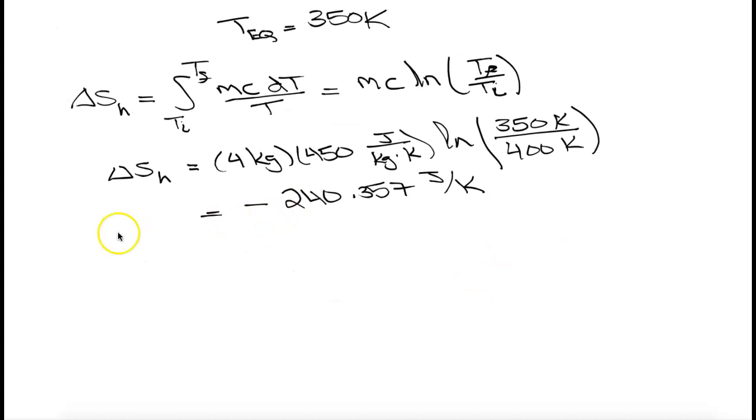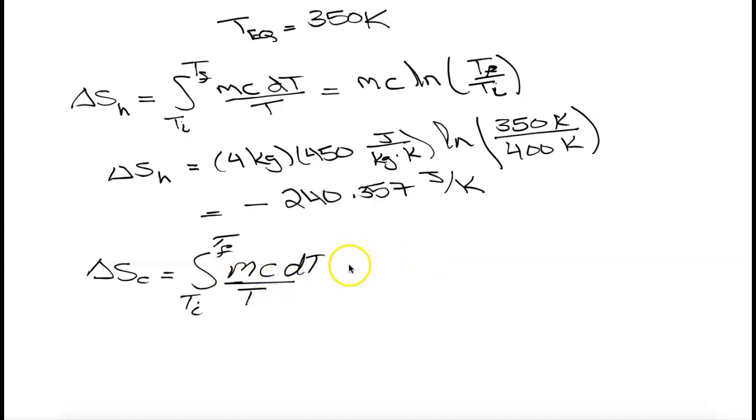And let's do a similar calculation for the cold piece of steel. It's going from some temperature T initial to T final, with mass, specific heat, and change in temperature, and the integral of that. Again, as we expect, it will give us mass times specific heat times the natural log of T final over T initial, but now for the cold system.